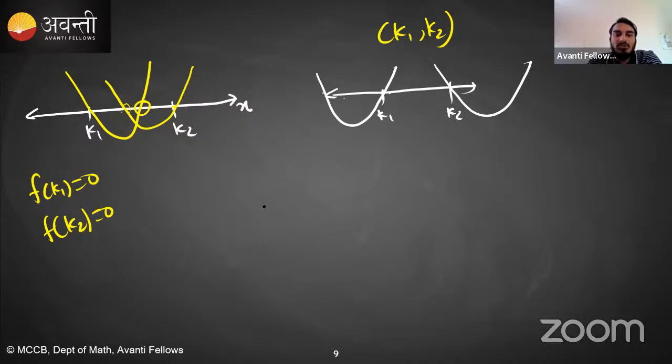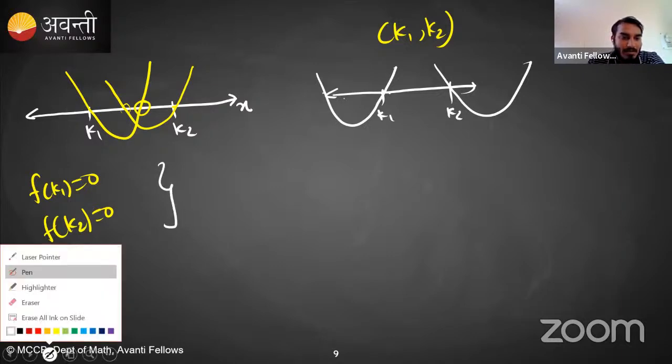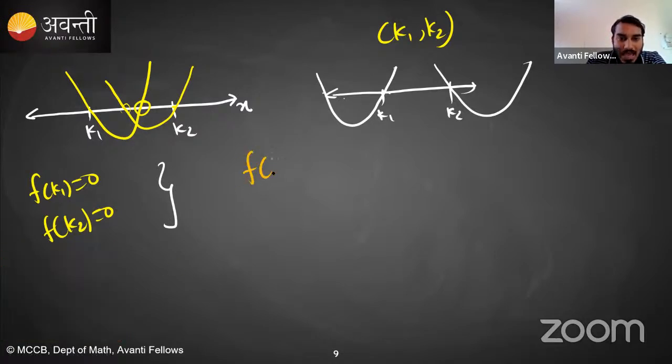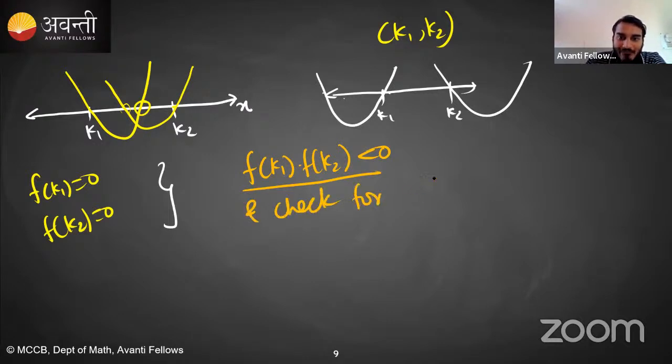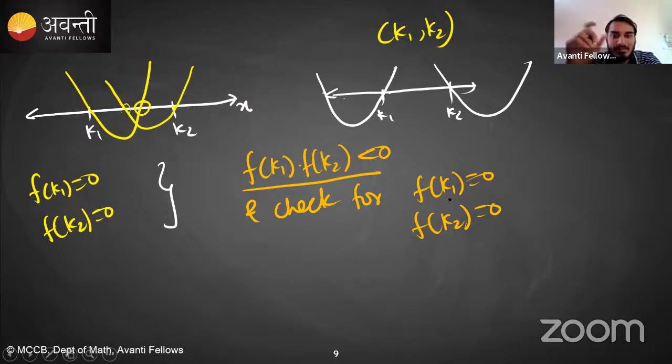Yes or no? So that's why I'm now writing one of the most important conditions here. Okay, now what you will do is f of k1 into f of k2 less than 0. And check for f of k1 equal to 0, f of k2 equal to 0, and from there check whether the roots are between k1 k2 or not.